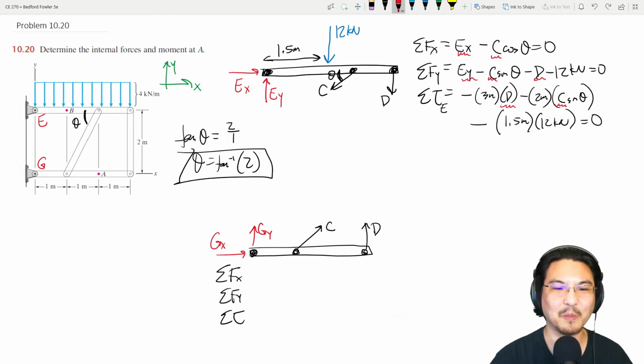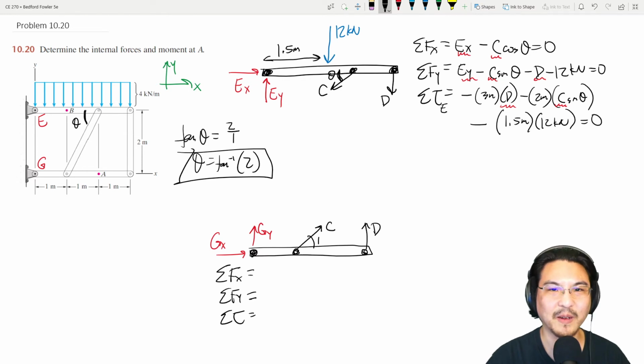So let's go on to this member of the frame. Okay, and then again, we know this angle right here. Okay, so x direction, GX plus C cosine theta. Y direction, GY plus C sine theta plus D. Let's sum torque about, how about over here?